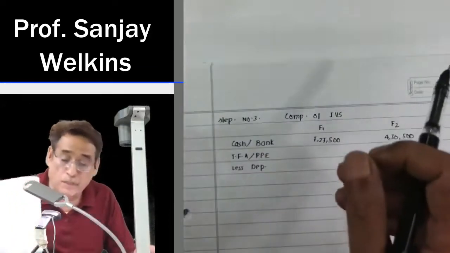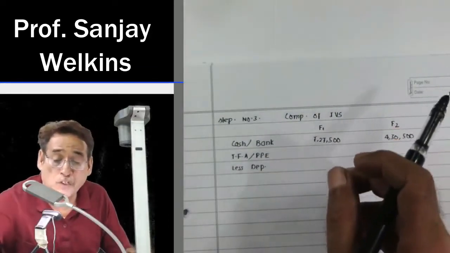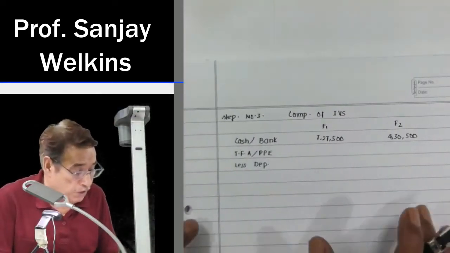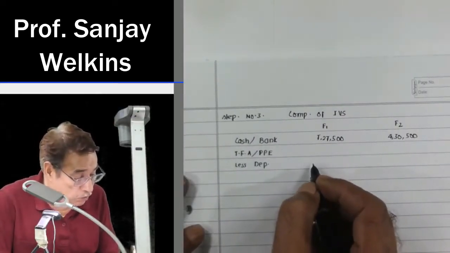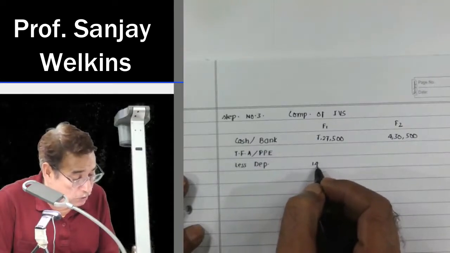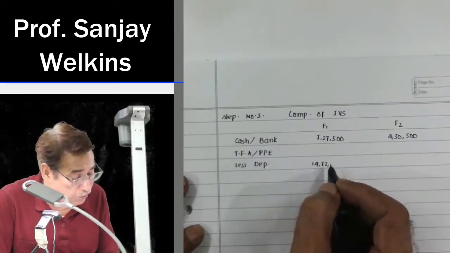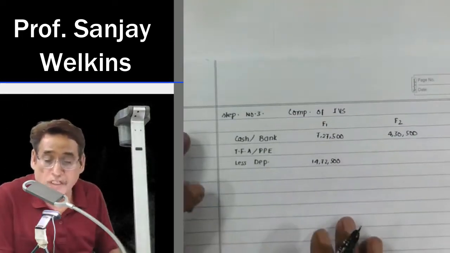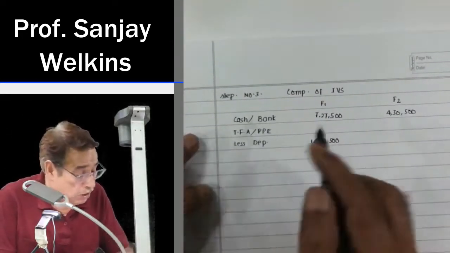And we computed the depreciation, if you remember, when we computed net profit. Now 15,50,000 minus 77,500 will be equal to 14,72,500.